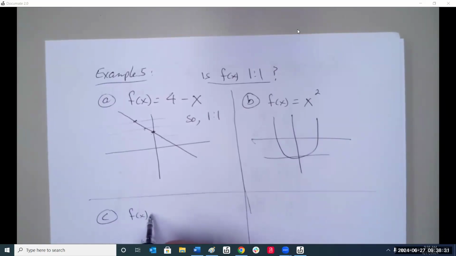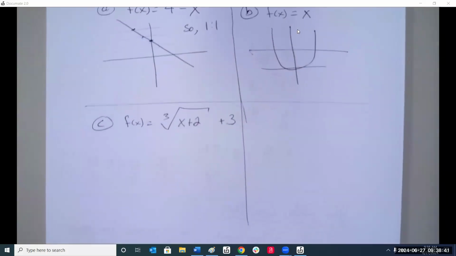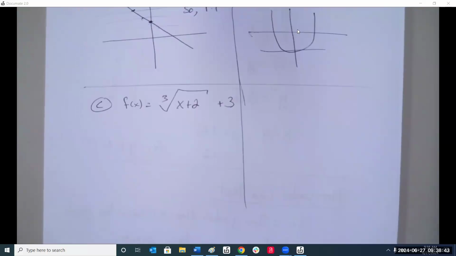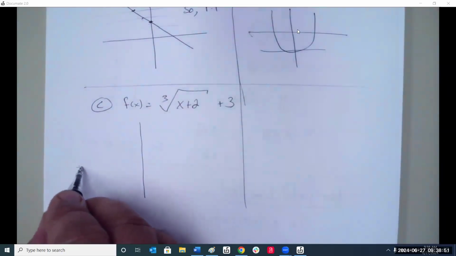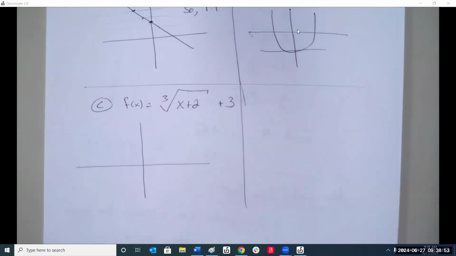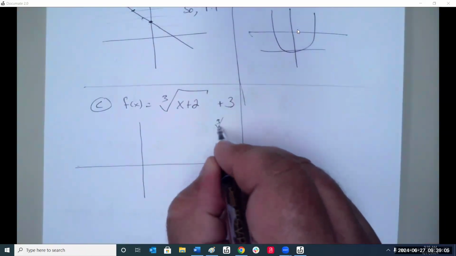C, f of x equals the cube root of x plus 2, plus 3. What is this graph going to look like? What's the basic function? Cube root of x.